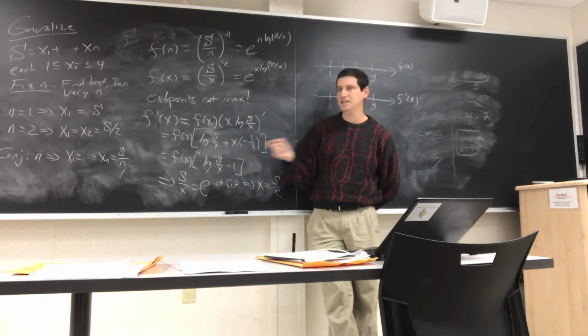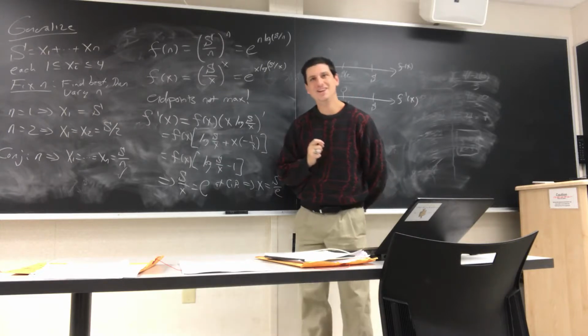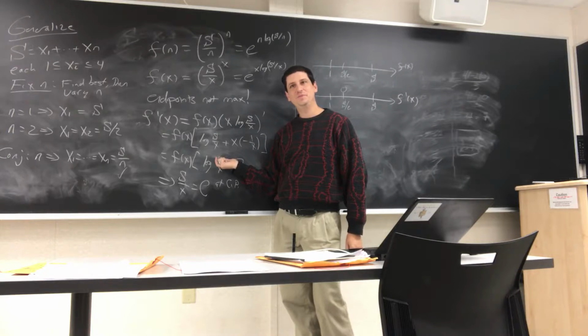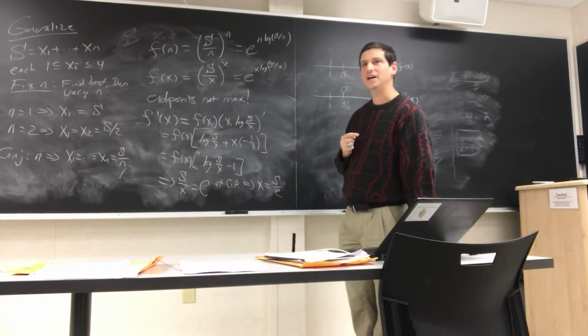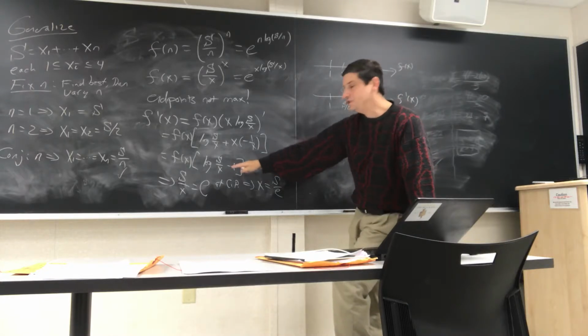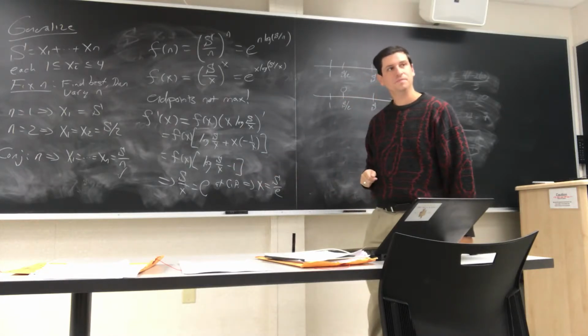So x is less than s over e, say s over 2e. What are we going to get? Positive. Yeah, we're going to get something positive. This whole expression is going to be positive.